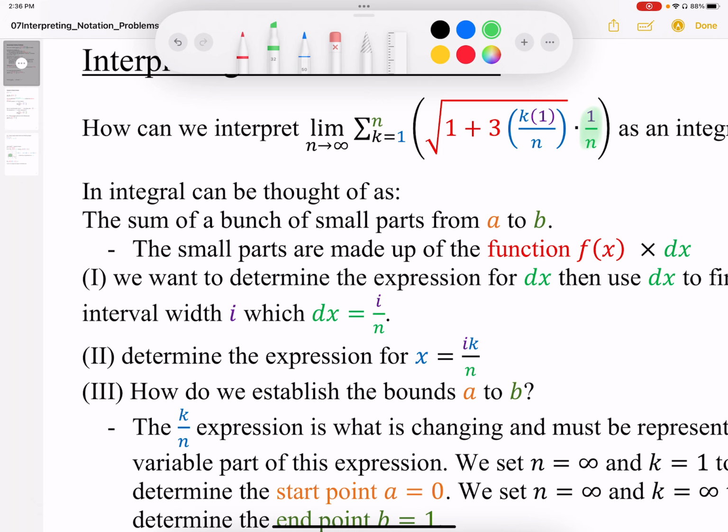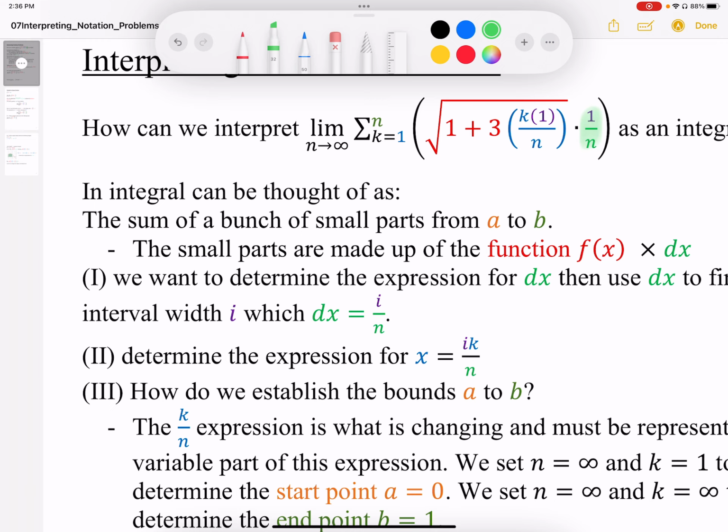So at our first step, we have the interval width times 1 divided by n. If k is equal to n, then we're at the end of that interval width.